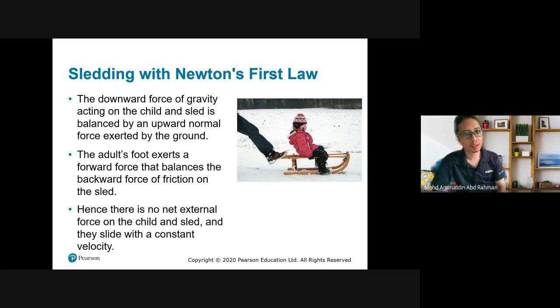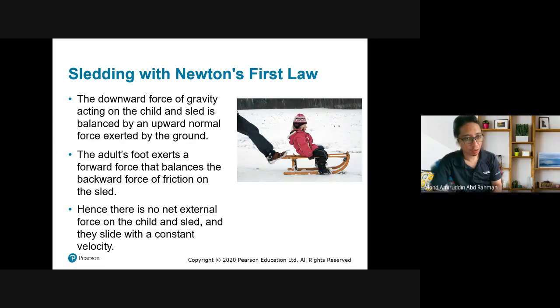All right, so now we have the normal force and also the weight force, and then the adult's foot exerts a forward force that balances the backward force of friction on the sled. So before this we have friction acting on the sled.